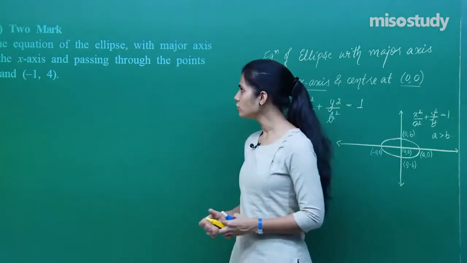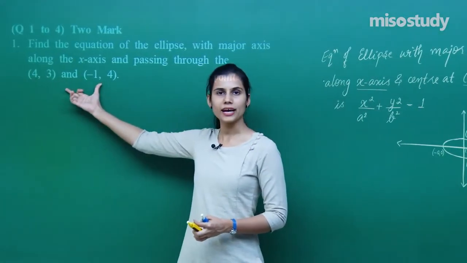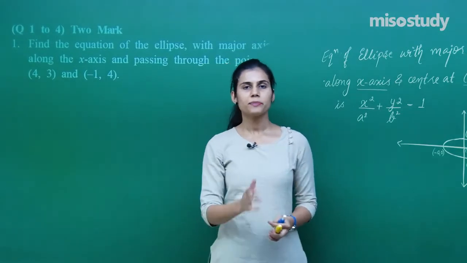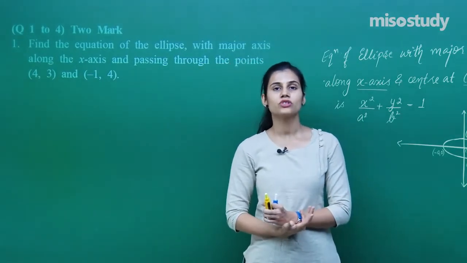Now it is given that these 2 points (4, 3) and (-1, 4) are actually lying on this ellipse. X and y represent the x and y coordinates of all the points which lie on this ellipse.